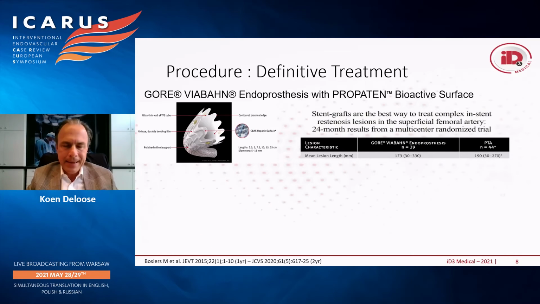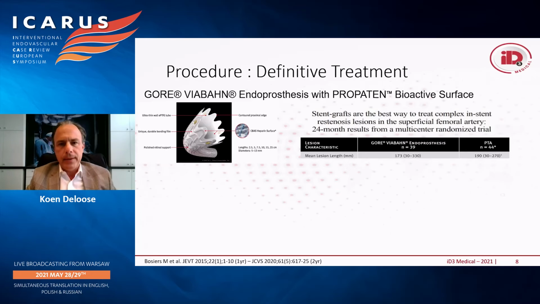So based on this, I switched to my definitive treatment, and I considered the debulking and the thrombectomy with the Rotarex as a kind of vessel prep, also important in in-stent restenosis or reocclusion treatment, but then finally you need to add a definitive treatment.